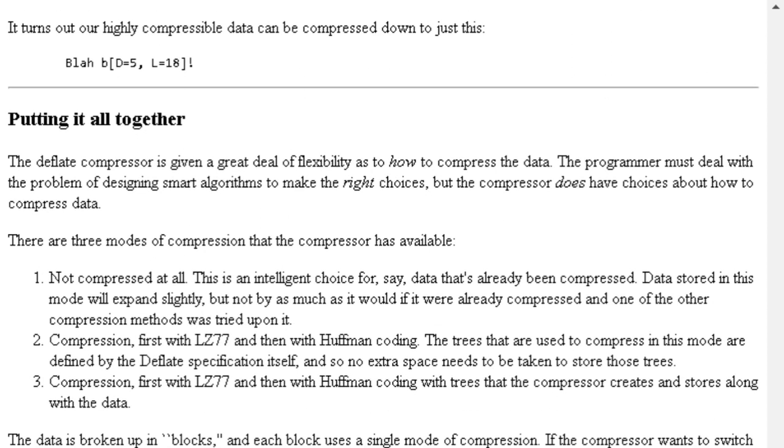Putting it all together. The Deflate compressor is given a great deal of flexibility as to how to compress the data. The programmer must deal with the problem of designing smart algorithms to make the right choices, but the compressor does have choices about how to compress the data.